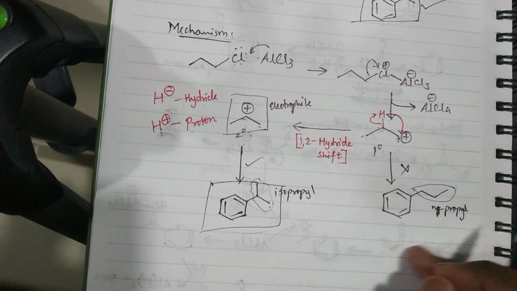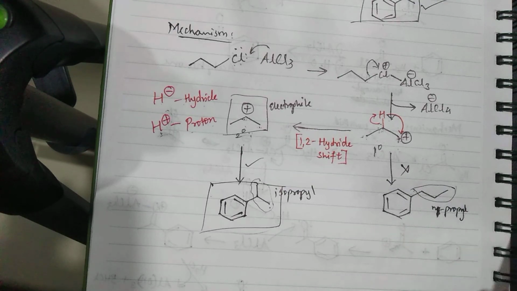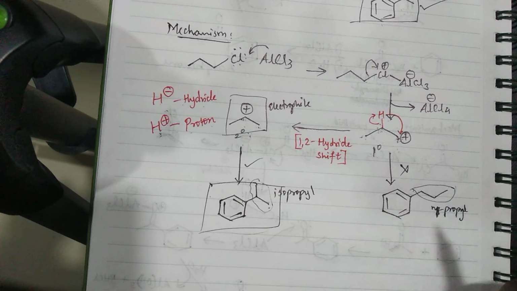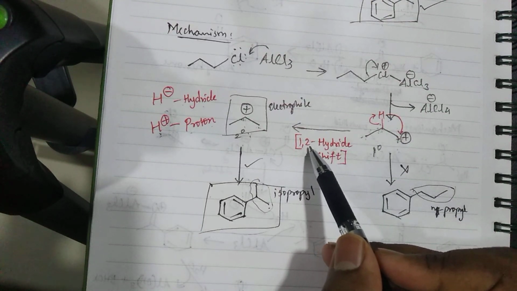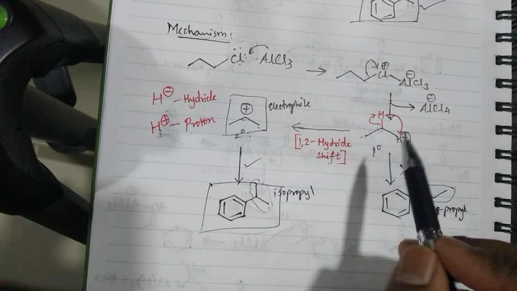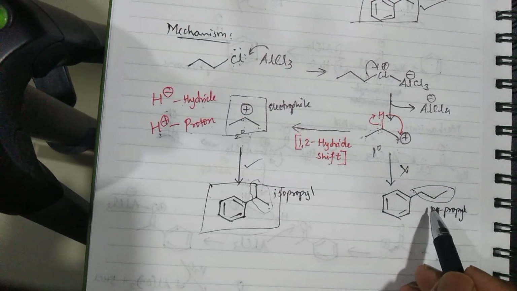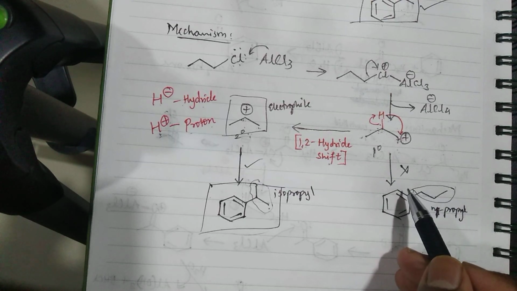Then how do we prepare this N-propyl or N-alkyl chain? How do we attach an N-alkyl chain to a benzene ring without rearrangement? This is called rearrangement. The name of that rearrangement is 1,2 hydride shift. Without this hydride shift, how can I put an N-alkyl chain on a benzene ring?